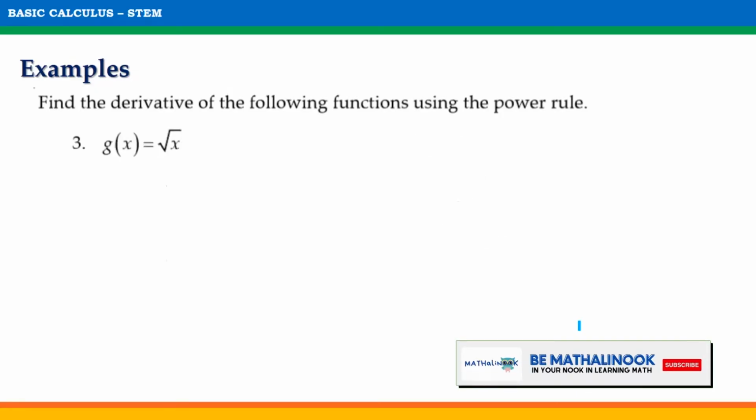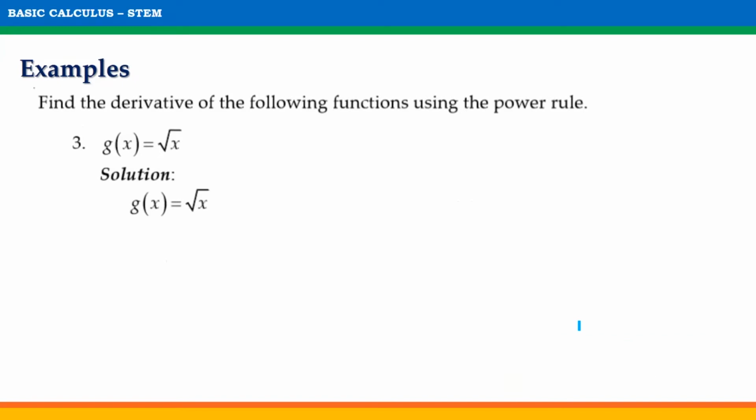Another one, g of x is equal to square root of x. Remember that square root of x, when you rewrite that in a rational exponent, will be equal to x raised to 1/2. From here, it will be easier for us to apply theorem number 2. Make 1/2 the numerical coefficient and subtract 1 from the exponent 1/2. Thus, we will have 1/2 x raised to negative 1/2.